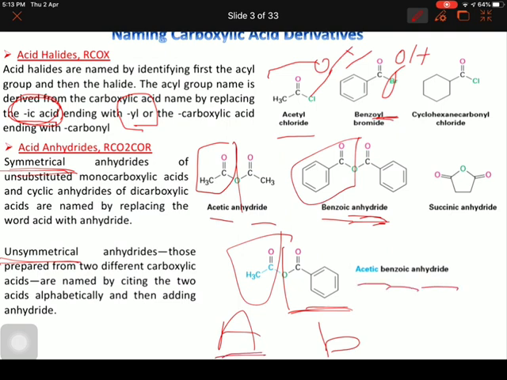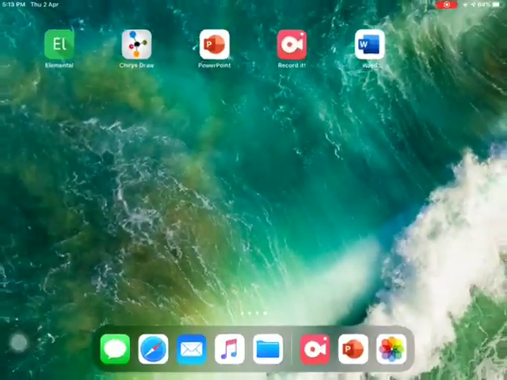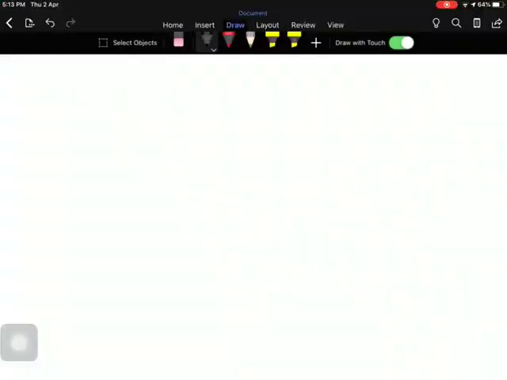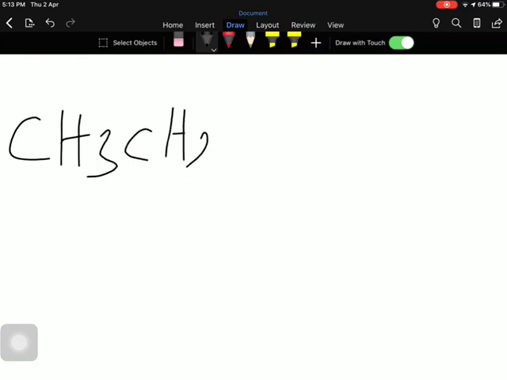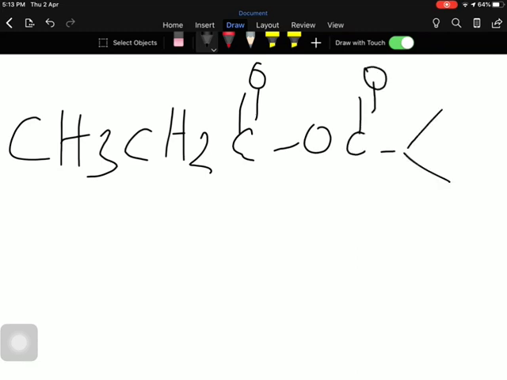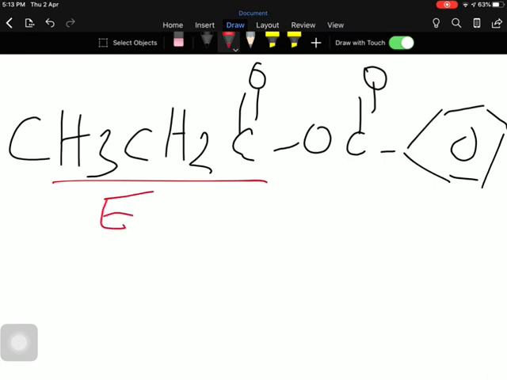Let me take another example for this one. If we have this compound CH3, CH2, C double bond O, O, C double bond O, and here we have a benzene ring. For this compound, this part is ethanoic, and this part is benzoic.